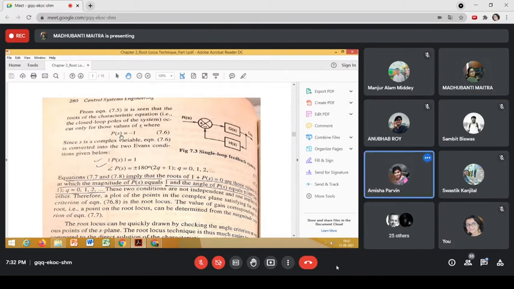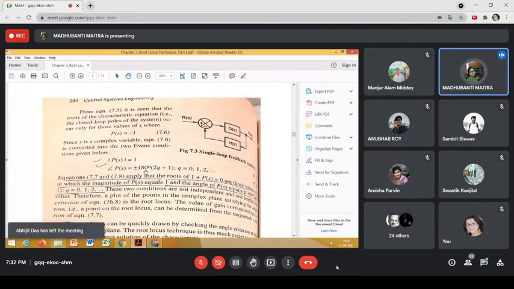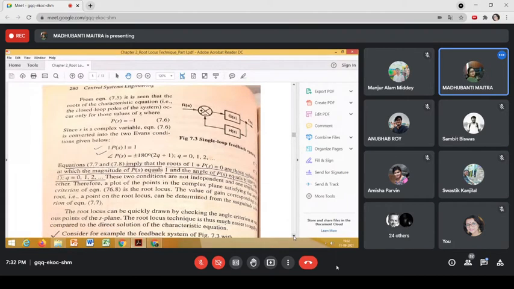So now we can write angle of P(s) is equal to plus minus 180 degrees (2q plus 1). Since q is an integer, 2q plus 1 will be an odd number. So angle of P(s) will be odd multiples of 180 degrees. Have you understood these two equations? The first equation, where we write magnitude of P(s) is equal to 1, is called the magnitude criterion.